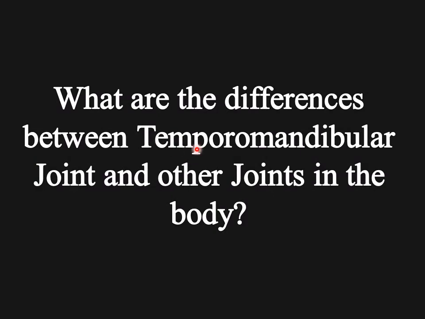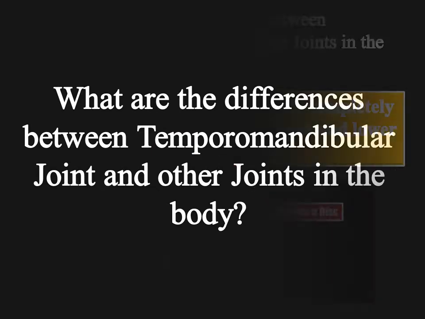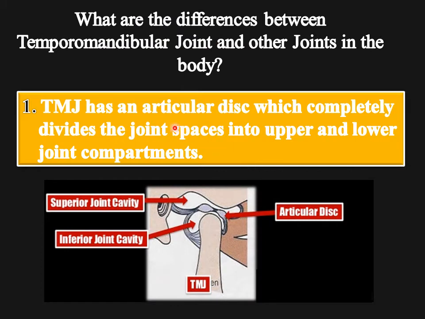What are the differences between the temporomandibular joint and other joints in the body? We have many differences. Starting with the fact that the TM joint has an articular disc, which completely divides the joint space into upper and lower joint compartments.